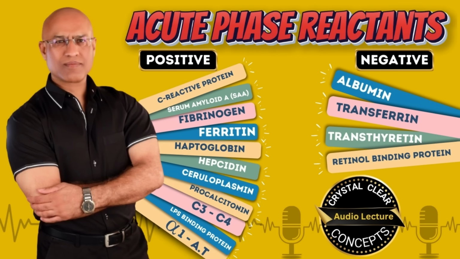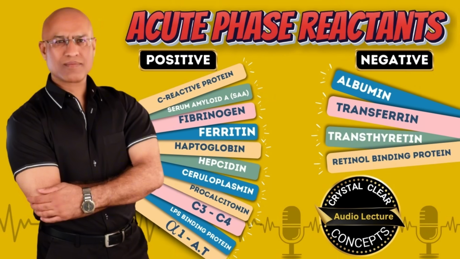Even though these proteins which fluctuate in the blood significantly on inflammation or infection or stress, we call them acute phase reactants, this is a misnomer, because these proteins not only increase or decrease during acute inflammation, but their level also increases or decreases, depending on whether it is a positive APR or negative acute phase reactant, even in chronic diseases, right?